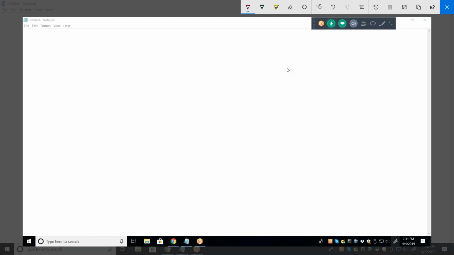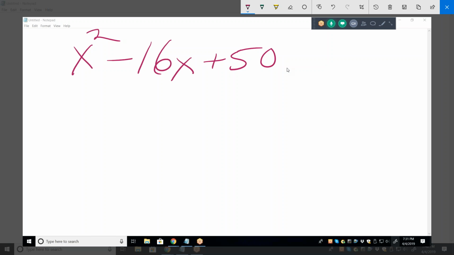About 10 minutes. 12 minutes? X squared minus 16x plus 50 equals 2. Are the instructions to use completing the square to solve this?